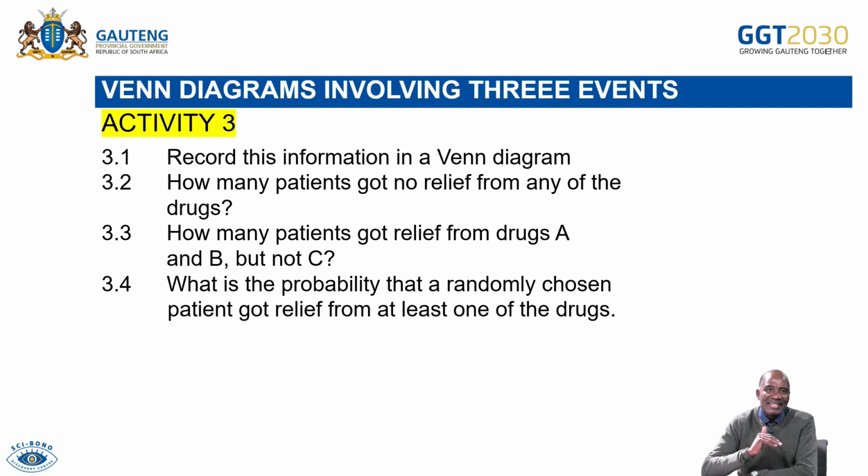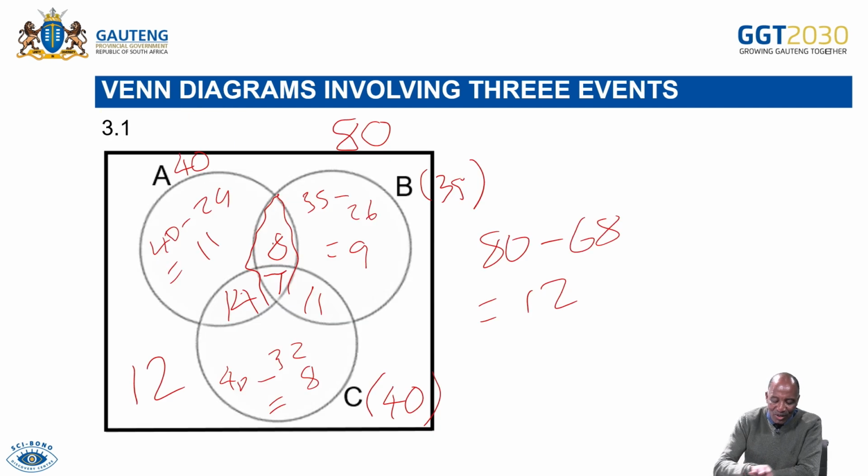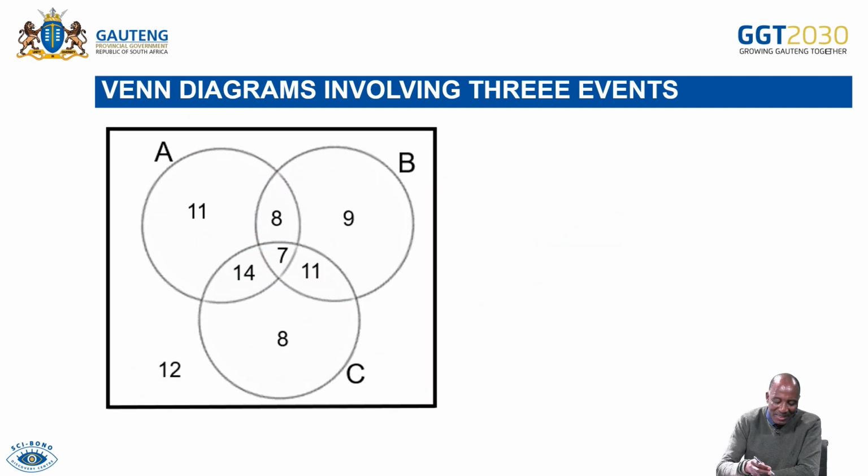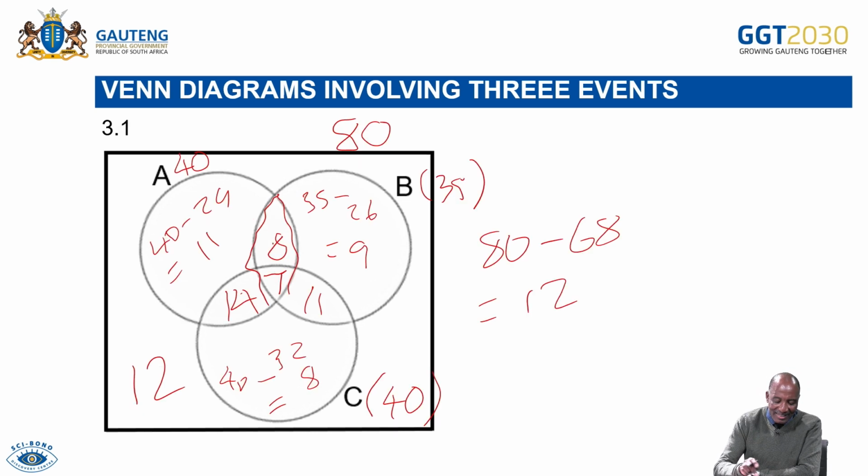We say it is 80 minus 68, which is 12. How many patients got relief from drugs A and B, but not C? We focus on A and B, but not C. Is this 8? It is A and B, but not C. So it was 8. A and B, but not C is 8.